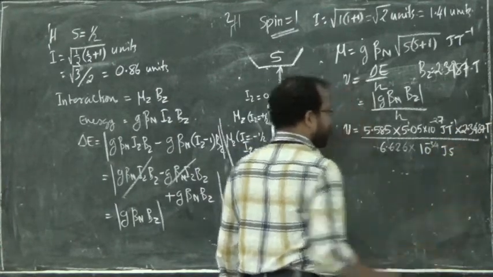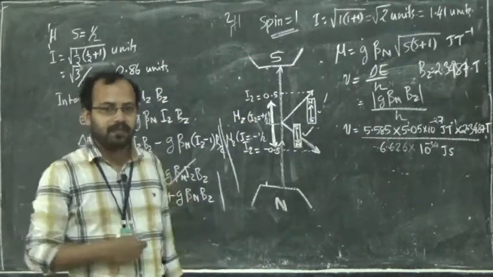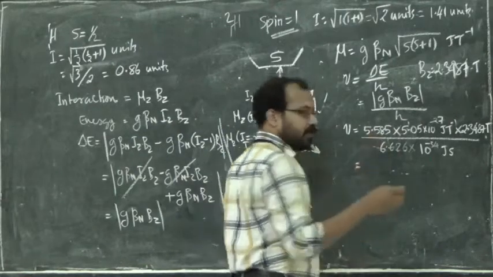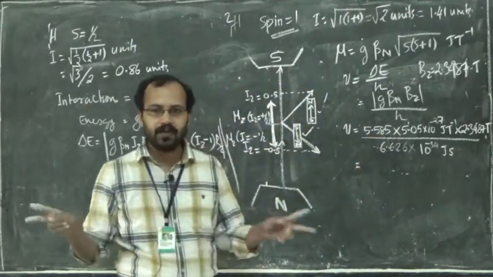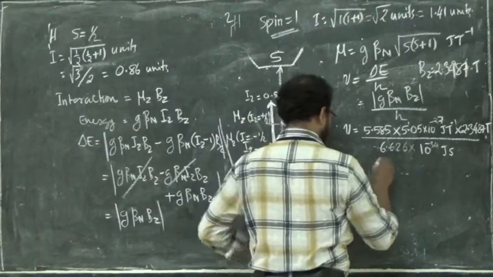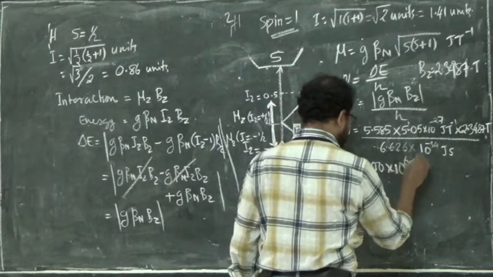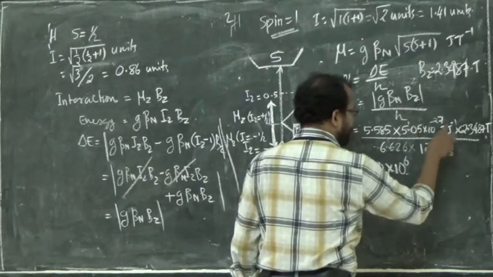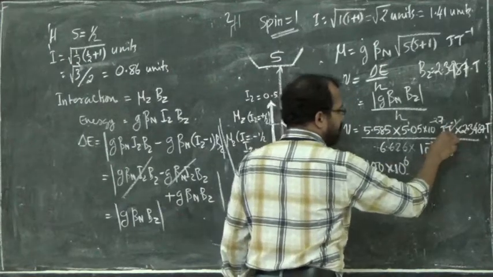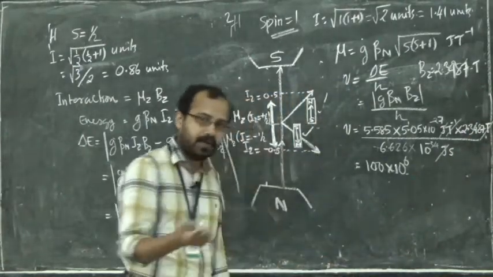So that is nu corresponding to the energy difference between the alpha spin state and the beta spin state. You can take your calculator and find the value. I have already done this. The value is 100 into 10 raised to 6 second inverse. Joule and joule are cancelled, Tesla and Tesla are cancelled, and what remains is a second in the denominator.